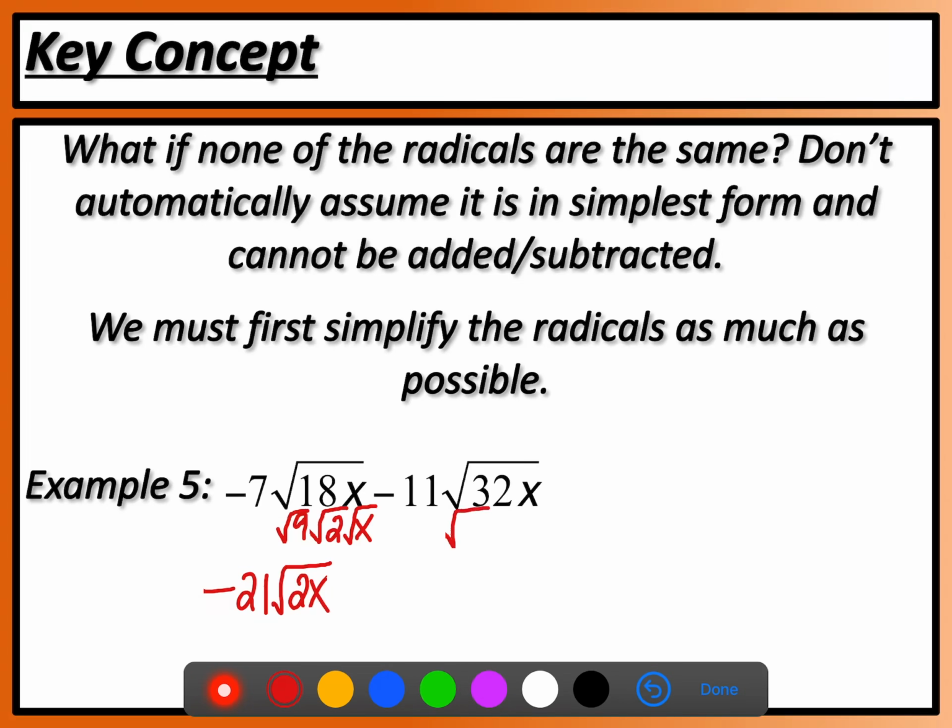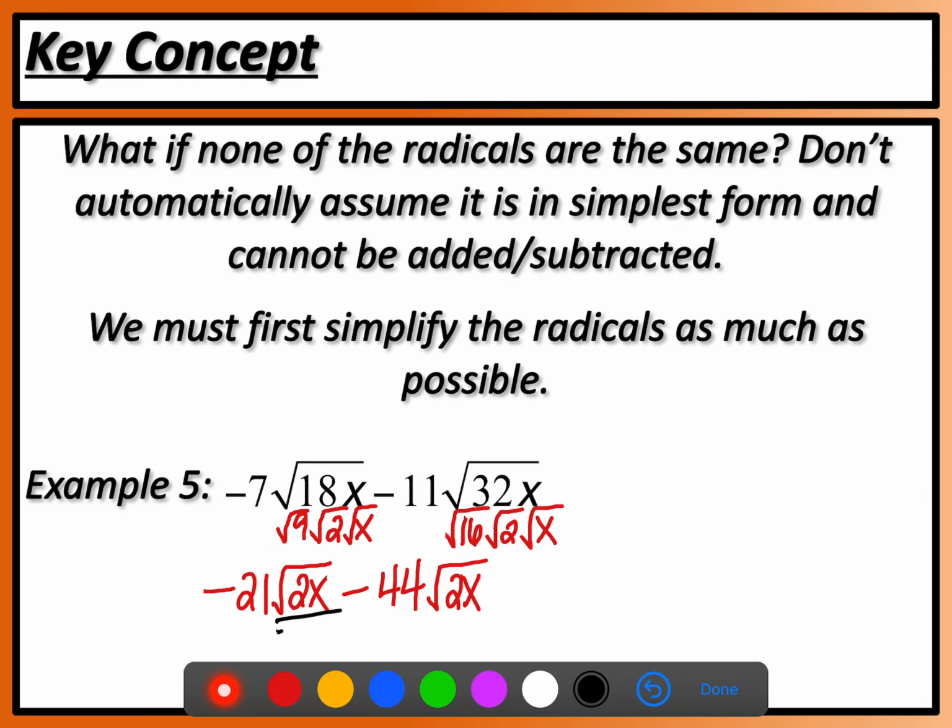Okay, when I break down 32, it's going to be 16 and 2 with the x. So there's already a negative 11 on the outside, and 4 comes out from the square root of 16, so they multiply and make a negative 44. And the square root of 2 stays.